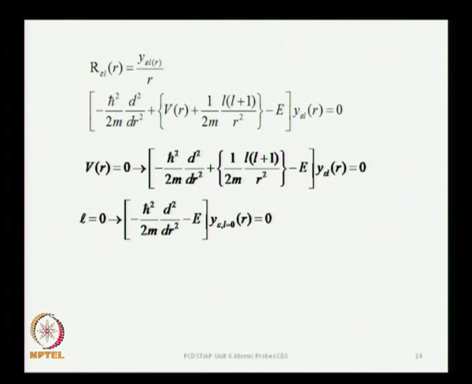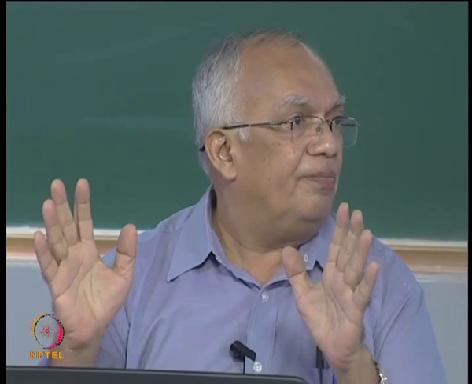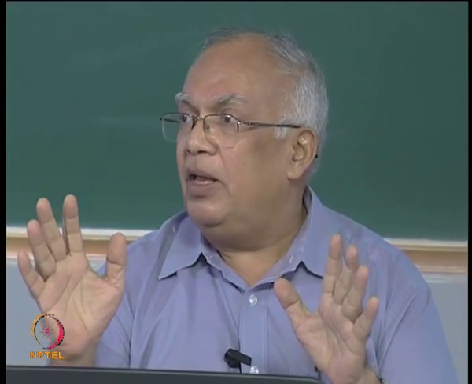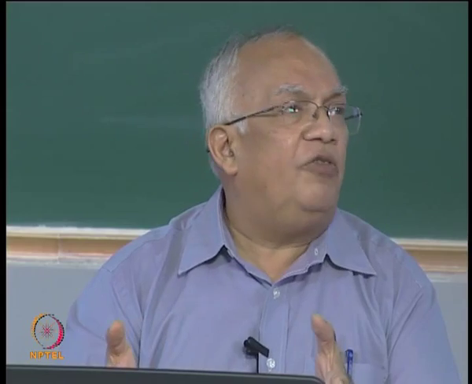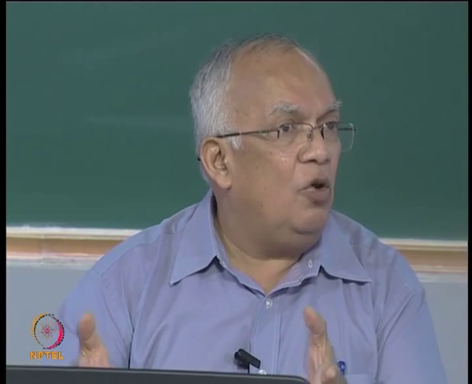L equal to 0 is S, L equal to 1 is P, and then you have D and F and so on. We will deal with just the S wave solutions, the simplest one, so that you can throw off the centrifugal term altogether. The L into L plus 1 by r square term can be thrown out for L equal to 0. So now you have a very simple differential equation which has only the kinetic energy term, and you can solve this in your mind and you know what the solutions are.